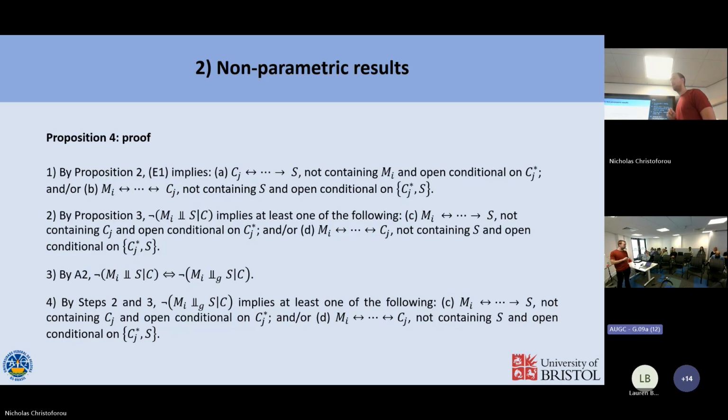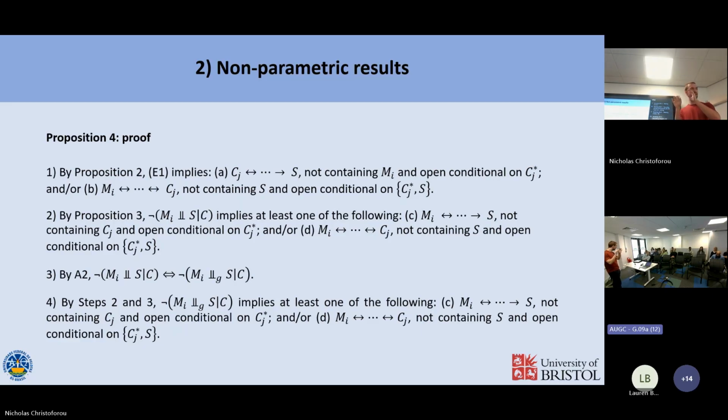Now I'm going to invoke, finally, the faithfulness assumption. Proposition 3 talks about independence. But because I'm assuming faithfulness, I can equate dependence with connection.